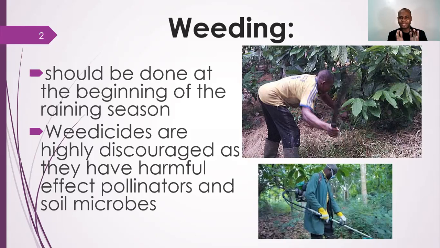So we don't usually recommend using weedicides on the cacao farm. Number one, because they will kill the pollinators. And number two, they are going to kill the microorganisms in the soil.